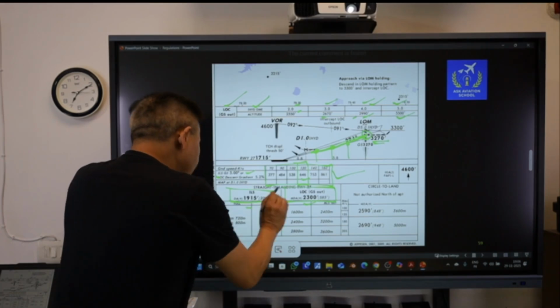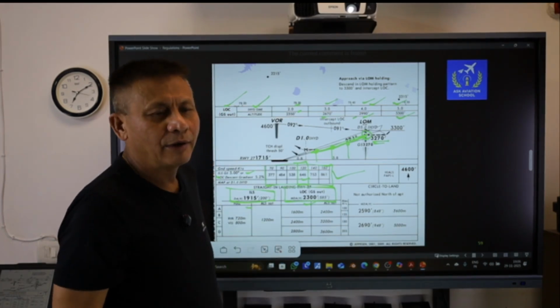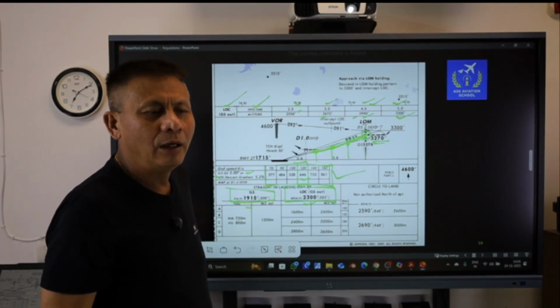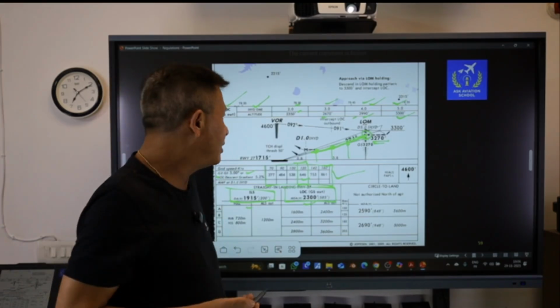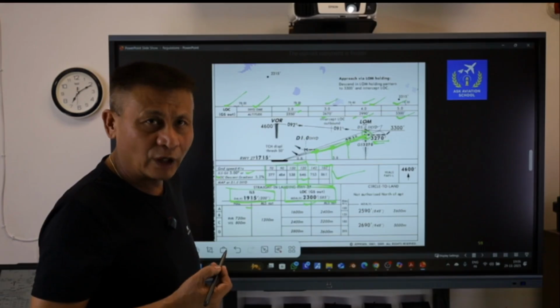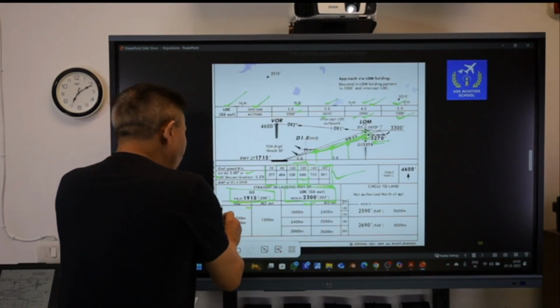These approaches can be carried out depending upon the present weather condition in Hyderabad. Okay, that is the visibility, the height of the cloud above the ground. Now let us say, what does it mean?